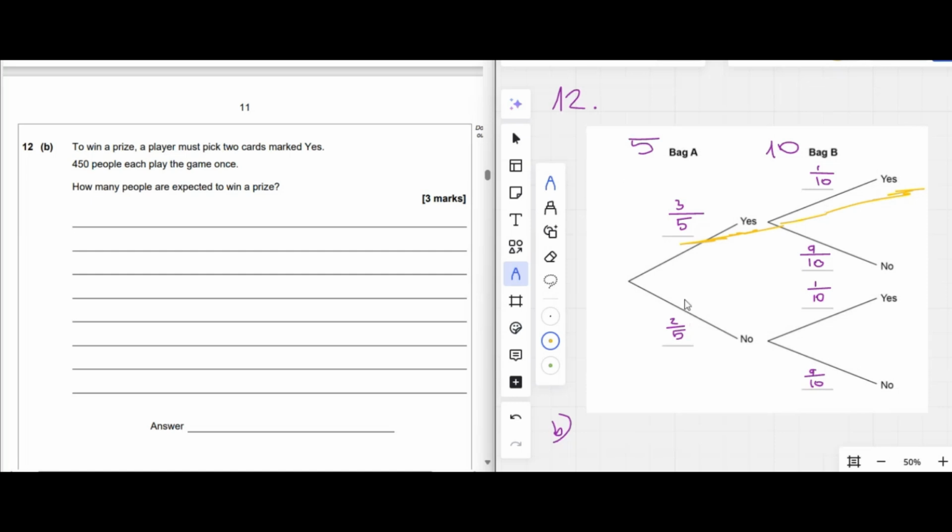We cannot go another way because one of them will be no. So it's the only route we can go. Yes. And then we have to multiply those probabilities and then times the number of people that played, 450. 45 and 5 can cancel to 9. So 3 times 9, 27 people are expected to win.